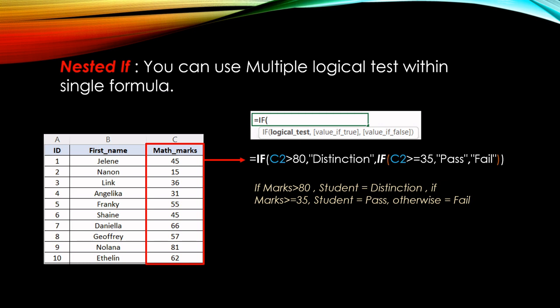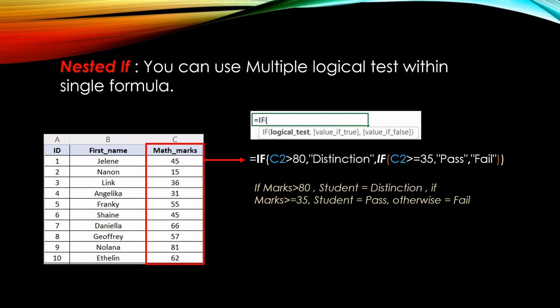So basically the syntax should look familiar. You start with the logical test, C2 is greater than 80, your value if true. In this case, if your test is true, if the marks are greater than 80, which equals a distinction. Now here is the catch. When you get to the value if false piece, here is where you start your next if test.